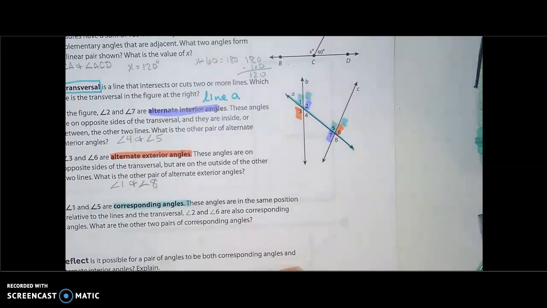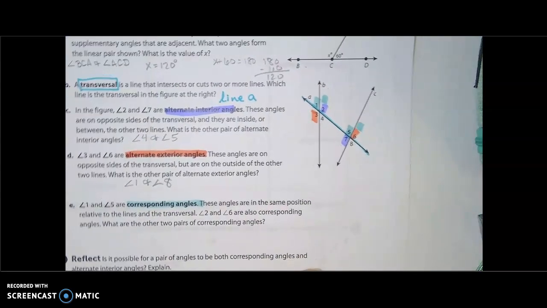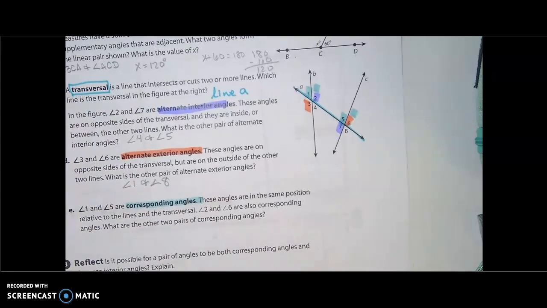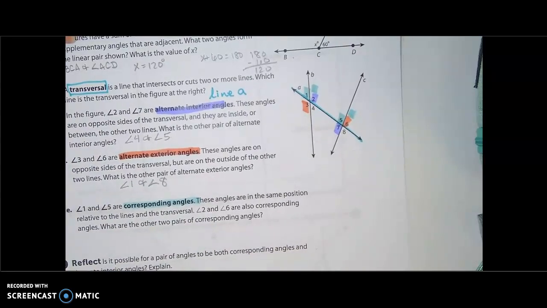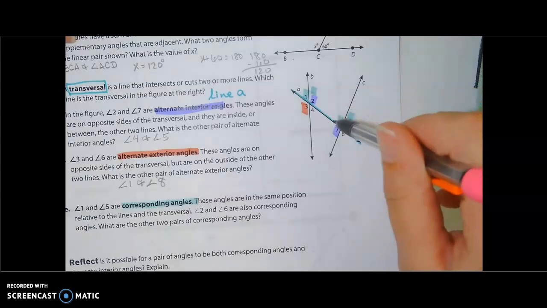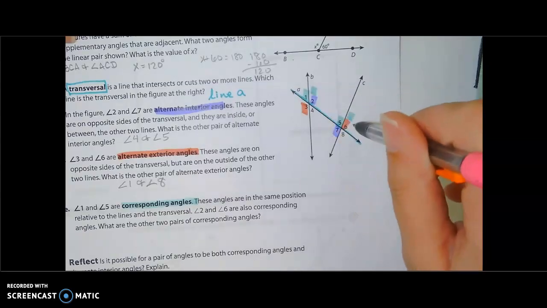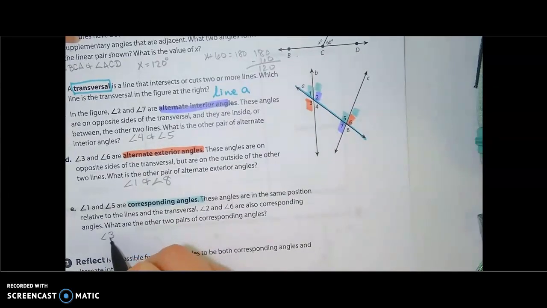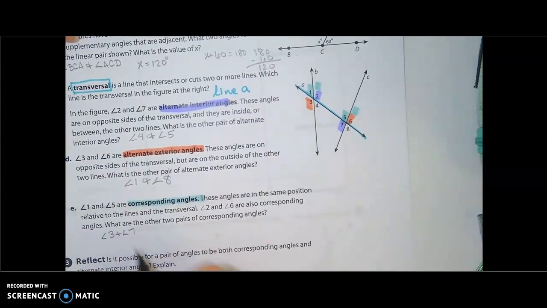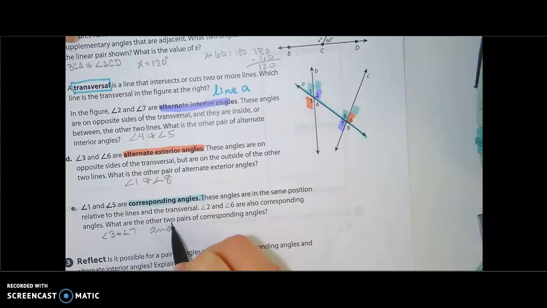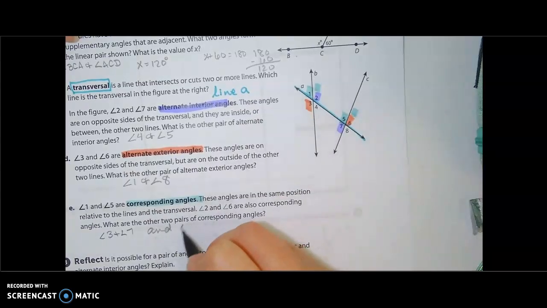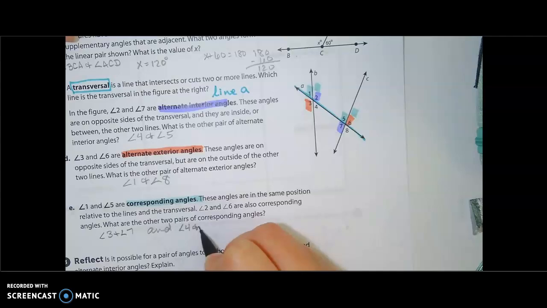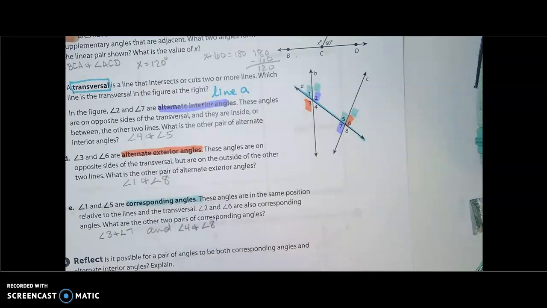What are the other two pairs of corresponding angles? So if 1 is with 5 and 2 is with 6, then I'm going to have angle 3 and angle 7, and angle 4 paired with angle 8.